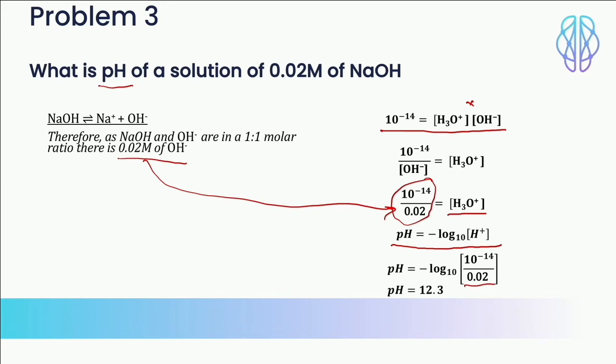Or you can write this whole thing in bulk into your calculator. Just make sure you have log 10. Put that into your calculator and you should get the pH equals 12.3 with the correct number of significant figures.